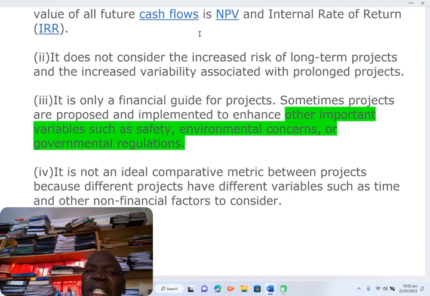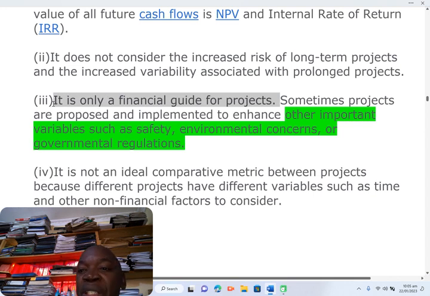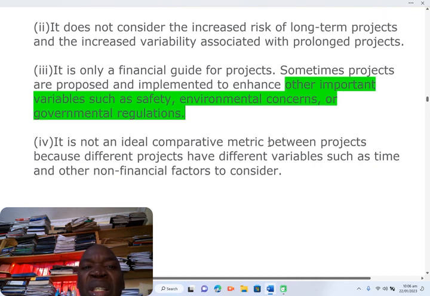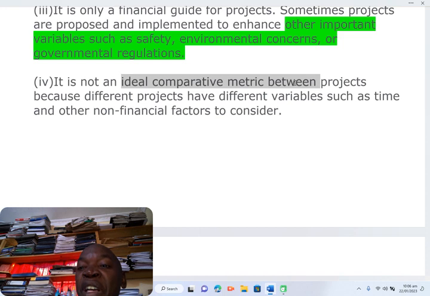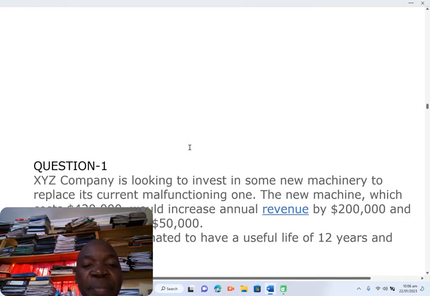Also, this method is just a guiding rule for evaluating the project. Sometimes projects are proposed and implemented to enhance other important variables such as safety, environmental concern, or government regulations. So it is not an ideal comparative method because different projects have different variables such as time and other non-financial factors to consider.